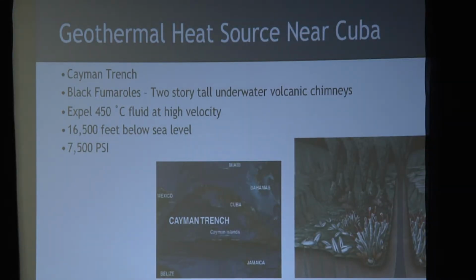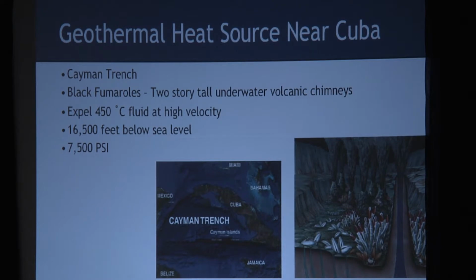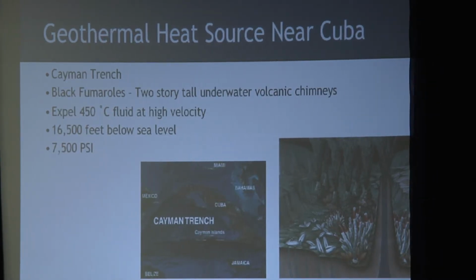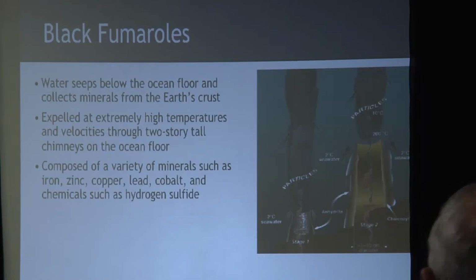It's a two-story underwater volcanic chimney, as seen in that right-hand picture. It expels fluid at 450 degrees Celsius at very high velocity. It is very deep within the sea, so that is definitely a con that we'll talk about later.